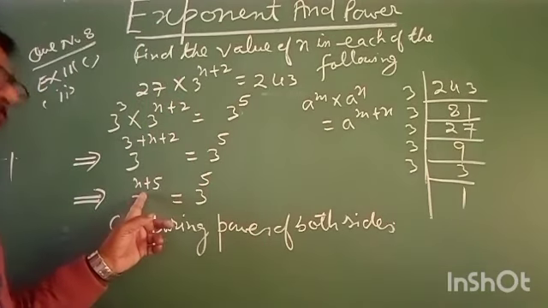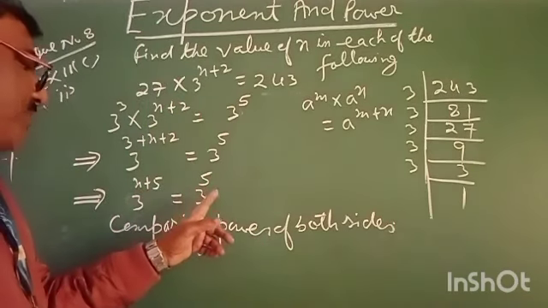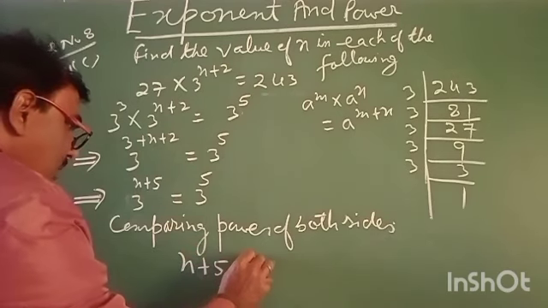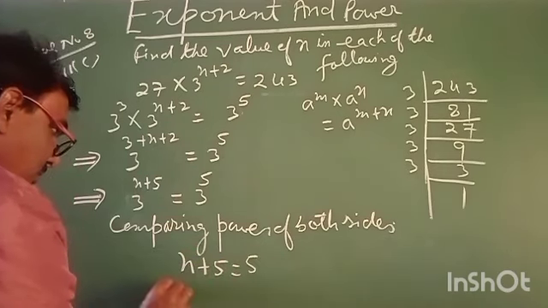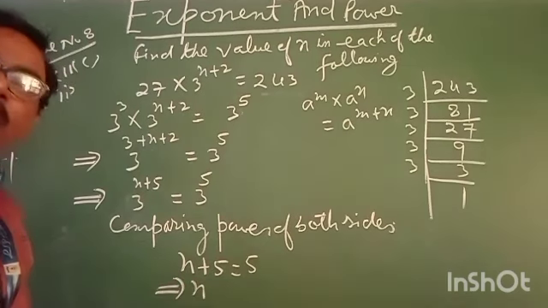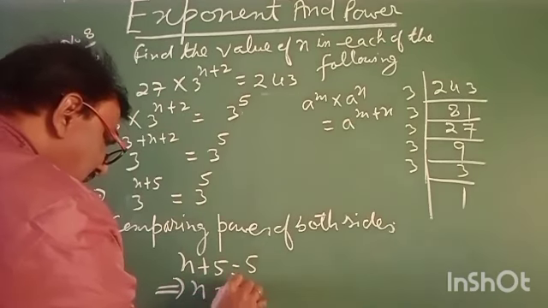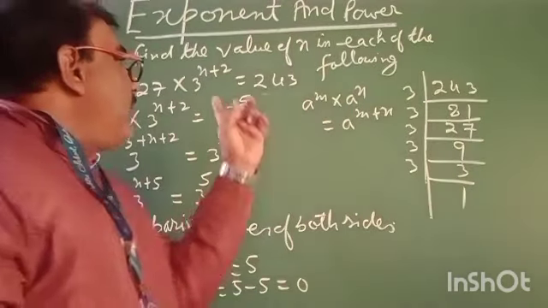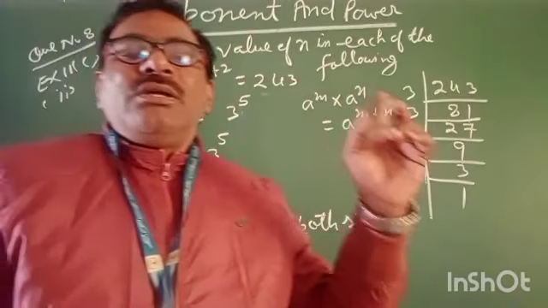Here the power is n plus 5 and here the power is 5. So n plus 5 equals 5, and n equals 5 minus 5 equals 0. So here the value of n will be 0.